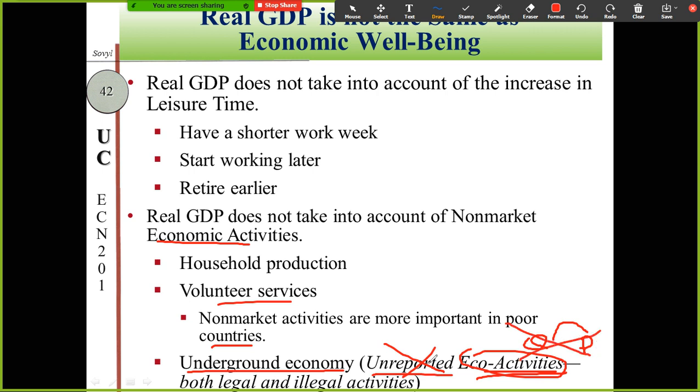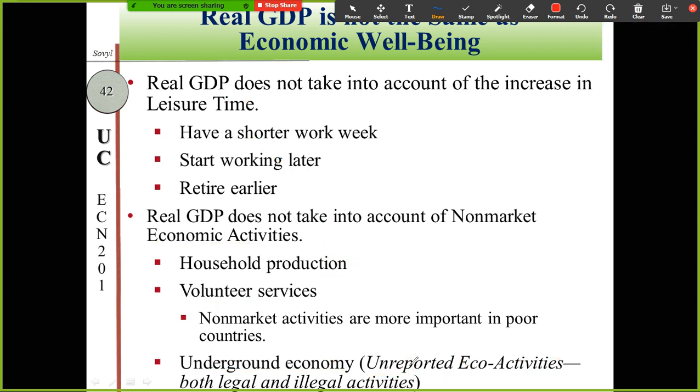If we don't have it, we cannot take it into real GDP. Unreported economic activity includes legal activity and illegal activity. When we're talking about illegal, normally they have a report, but they don't send this report to government. That's why we assume that this is non-report.